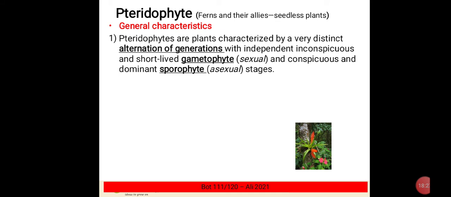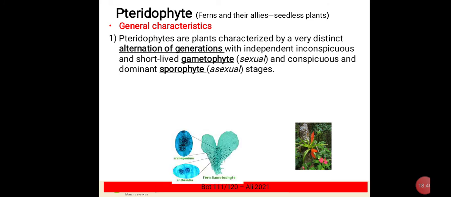Now, alternation of generation means that the gametophyte generation is followed by the sporophyte generation, which is the dominant generation. I say the sporophyte is the dominant generation in a pteridophyte plant. Therefore, number one, these pteridophytes show alternation of generations, whereby a gametophyte generation is followed by a sporophyte generation.